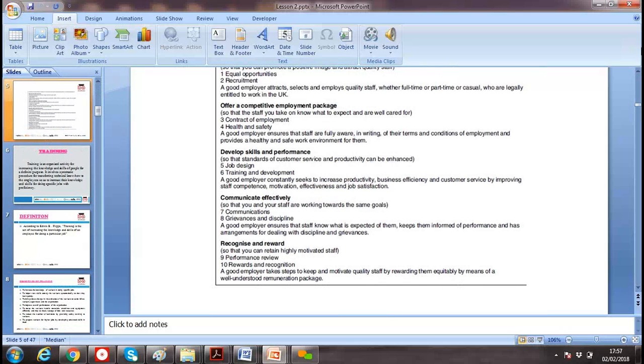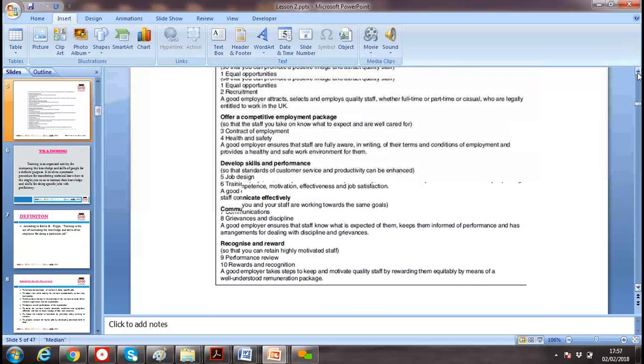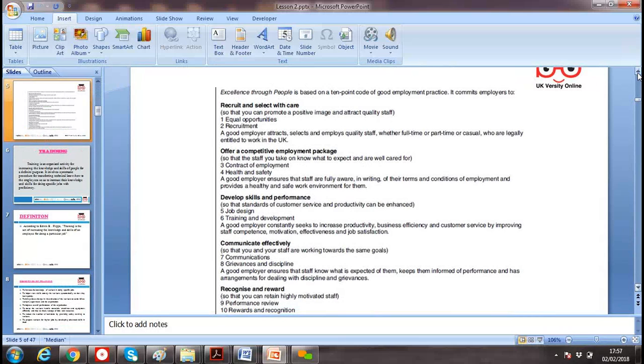So performance excellence through people is based on the 10-point code of good employment practices. If our organization has good employment practices, performance could be improved. Recruit and select with care.